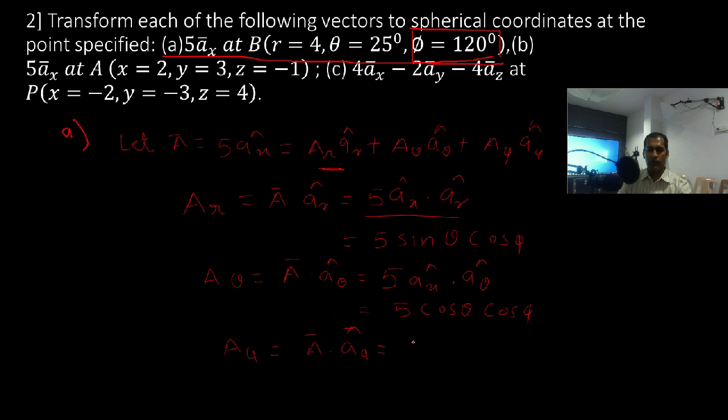This is phi A X cap dot A phi cap, and the formula gives minus phi sin phi. If we keep all these values and solve, we'll get A bar at point P. So we can keep the values of theta and phi for A. I will erase it.